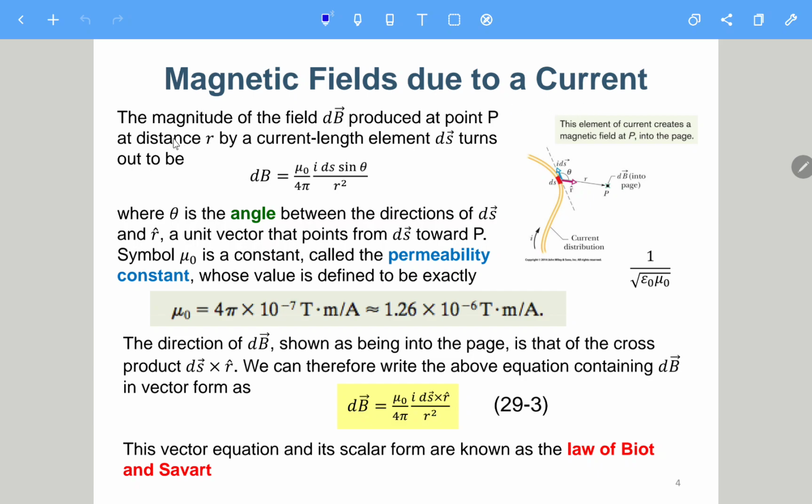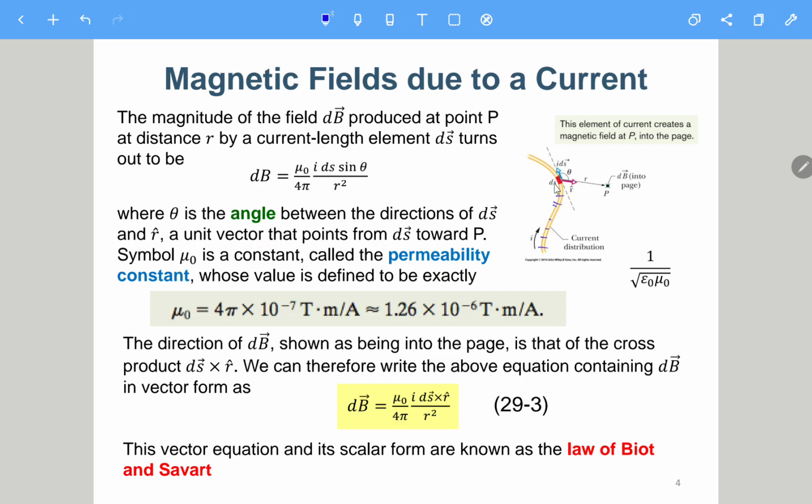You can see the magnitude of the field dB. dB is a small B field generated by this small segment. We have a wire with a current I from bottom to top. It is not a straight wire, so we need to cut it into many small pieces.